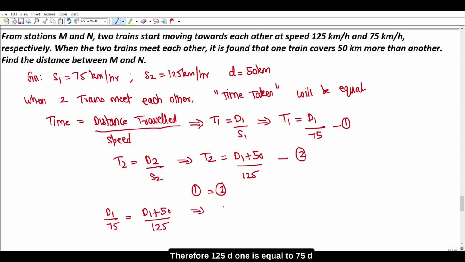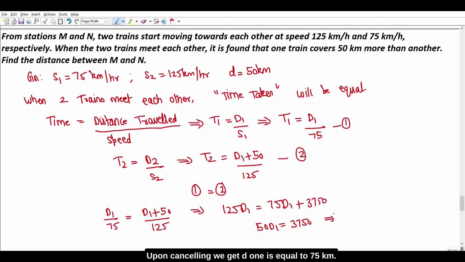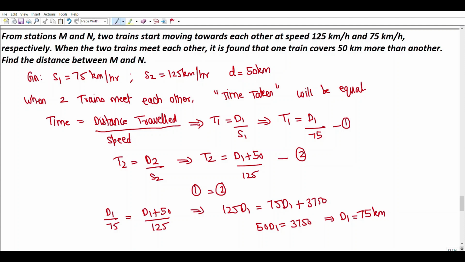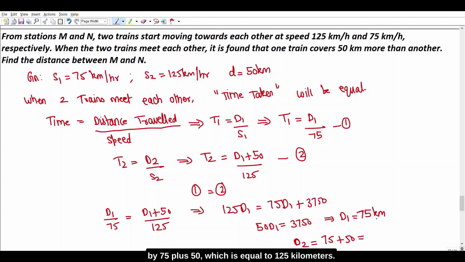Therefore, 125 d1 is equal to 75 d1 plus 3750. 50 d1 is equal to 3750. Upon cancelling, we get d1 is equal to 75 kilometers. So substituting it in D2, we get D2 is equal to 75 plus 50, which is equal to 125 kilometers.